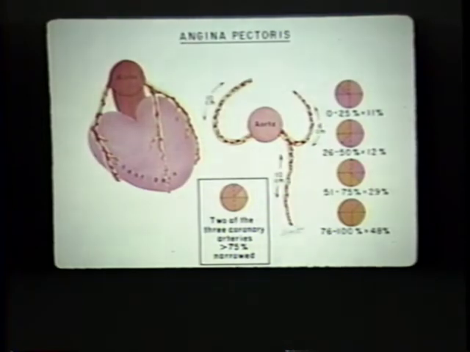Now, the same kind of data was accumulated in other subsets. This is based on study of a group of patients with unstable angina. If you ask the question, does one coronary subset have more narrowing than another? What is the answer to that question?